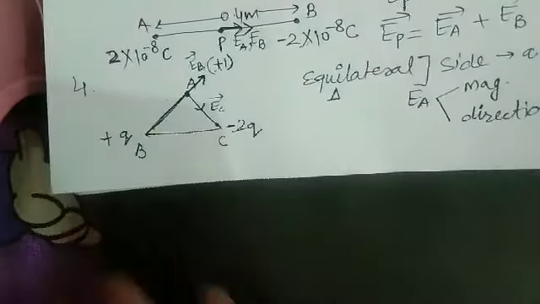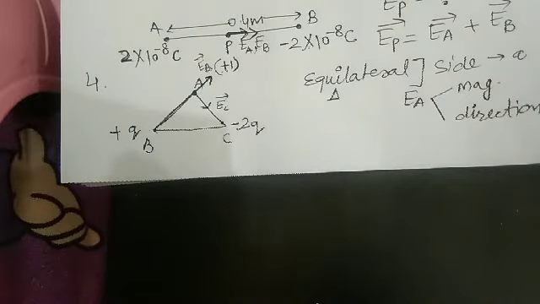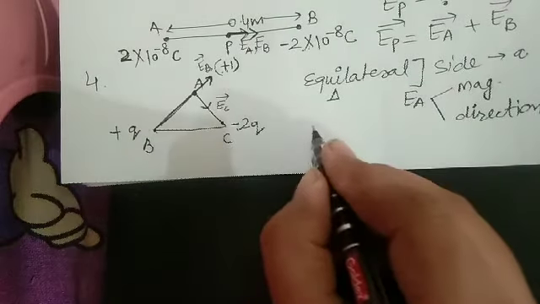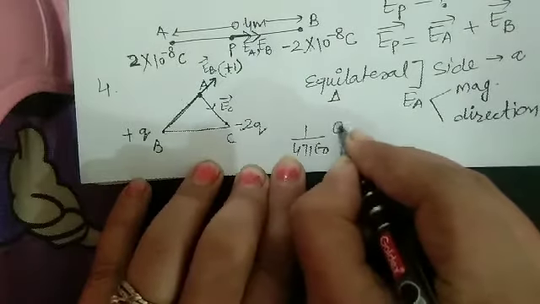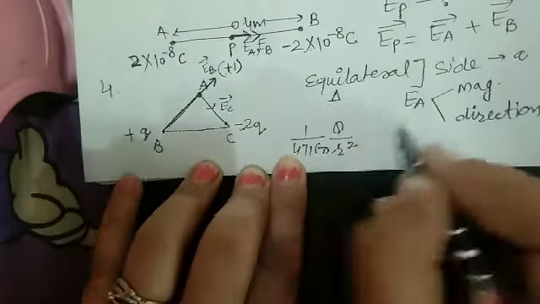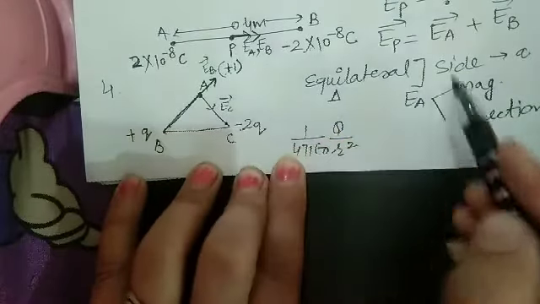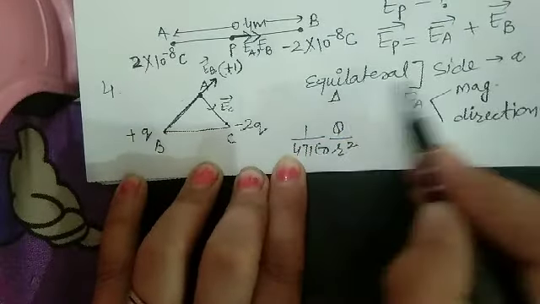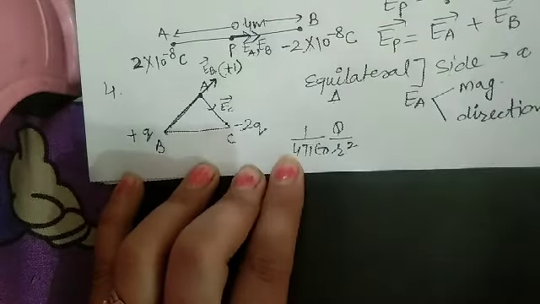You can calculate the electric field easily using the same formula, 1/4 pi epsilon naught Q upon R square. Separation is the same in both cases, that is A, because I have provided you an equilateral triangle having side A meter.